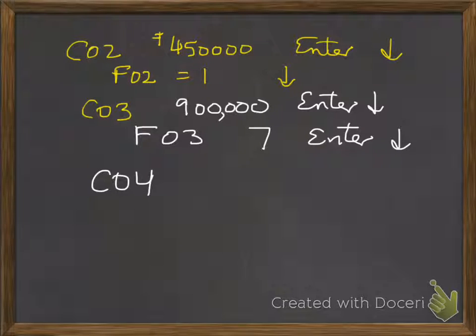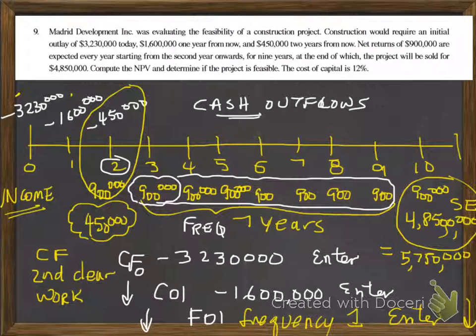C04 will take us now to the period following the end of that 7th entry of $900,000. If I go back to my time diagram, that C04 entry is $5,750,000, the sum of the two inflows of money, because I'm going to be getting 900 that year plus the 4.85 million that year.